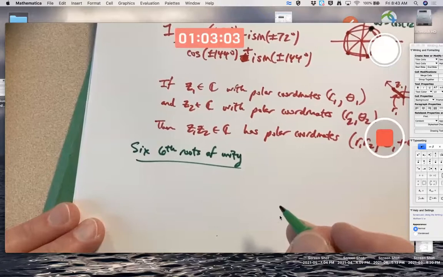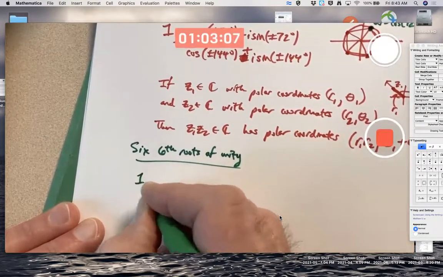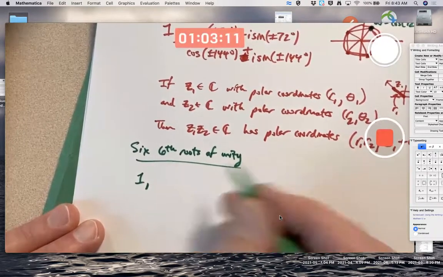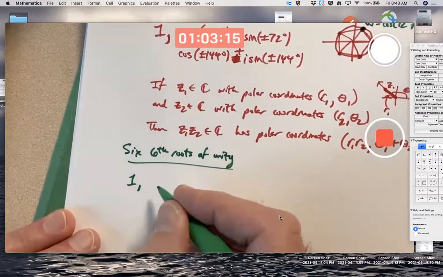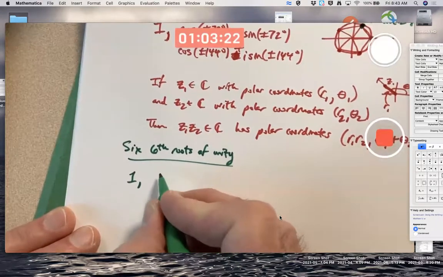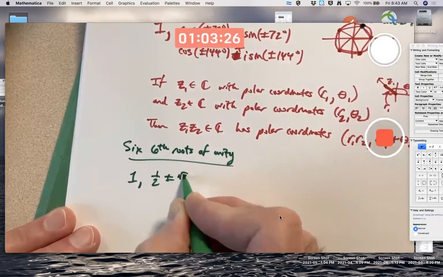They're all going to be 60 degrees apart. 60 degrees is a special angle. Cos 60 degrees is 1/2. We're going to get 1/2 plus or minus root 3 over 2 i.